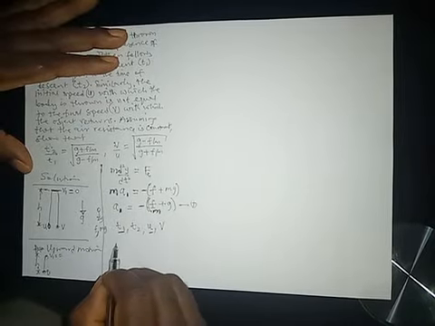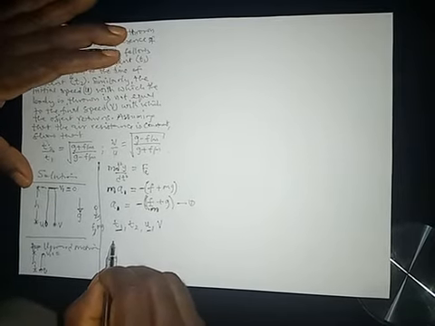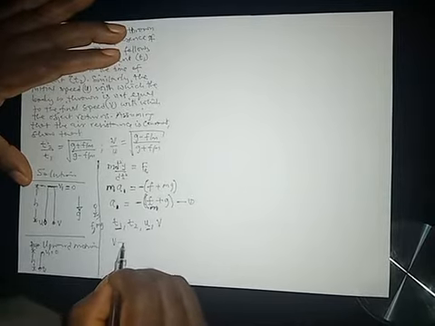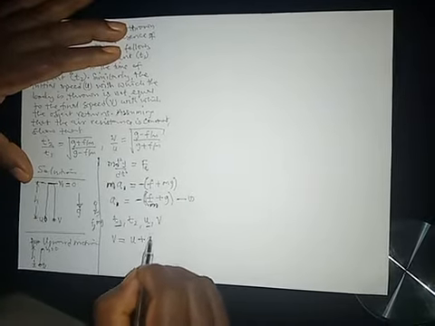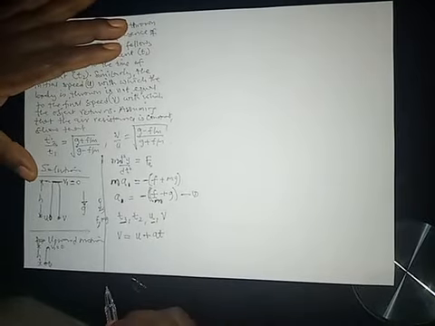One of them is where we have final velocity equal to initial velocity plus acceleration multiplied by time.